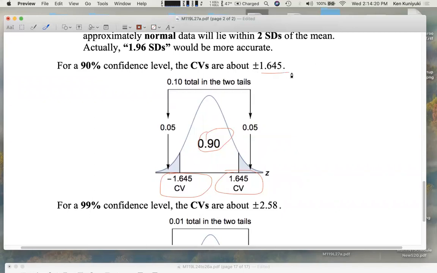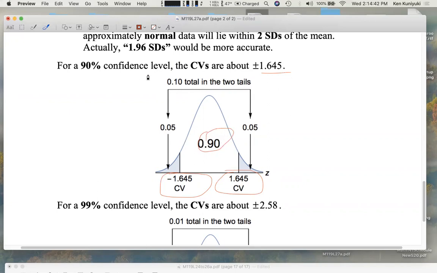And by the way, we often go to 3 decimal places because, in fact, it really is almost smack dab in between plus or minus 1.64 and 1.65. So the 3 decimal places is pretty accurate. All right, so these are the critical values that trap 90% or 0.90 in the middle.